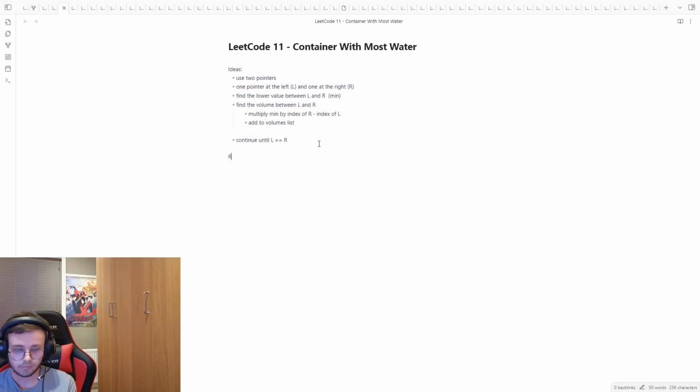We're going to return the max value in volumes. Actually, we don't need to do that. We don't need to have a volumes list. If the value is greater than output, replace output with this value.